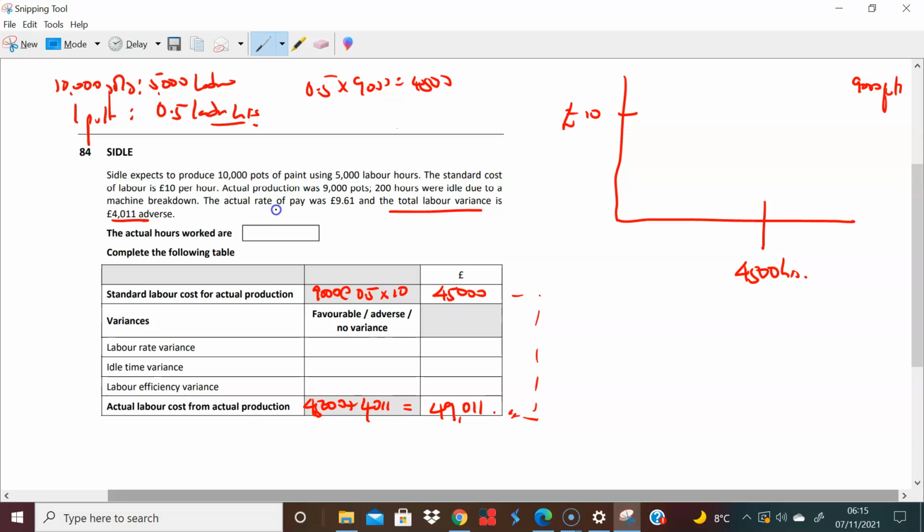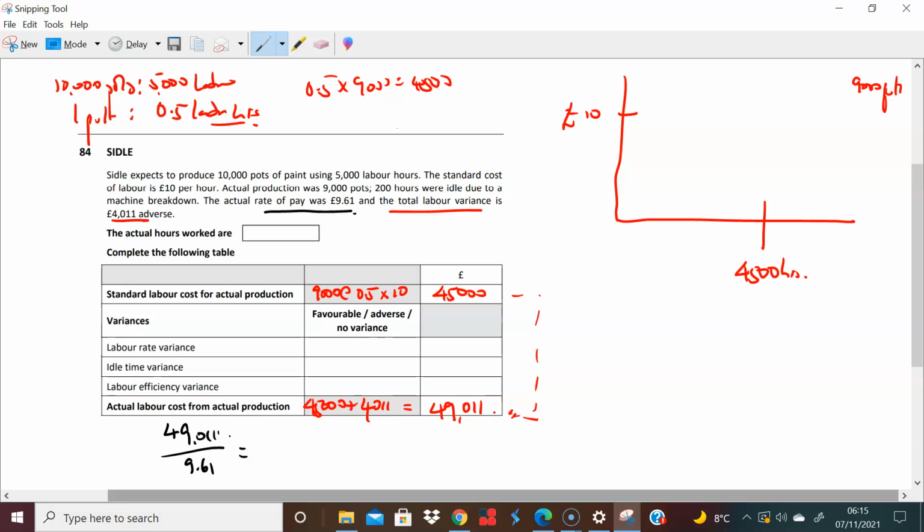The question says that you went on to pay £9.61 per hour. So if you're paying £9.61 for each hour, in total you paid 49,011 divided by £9.61.